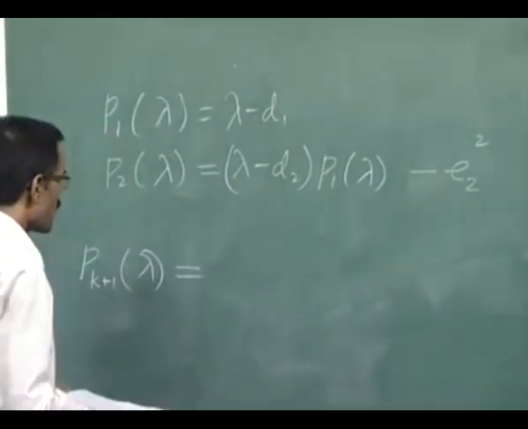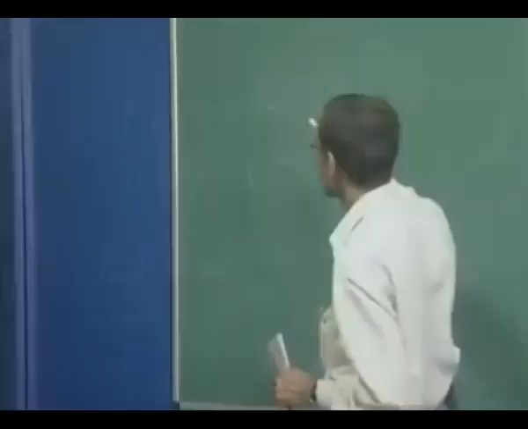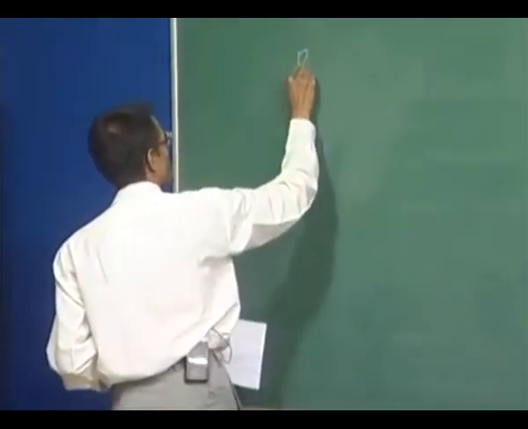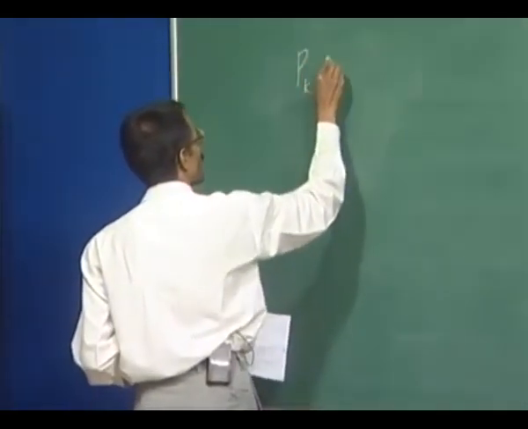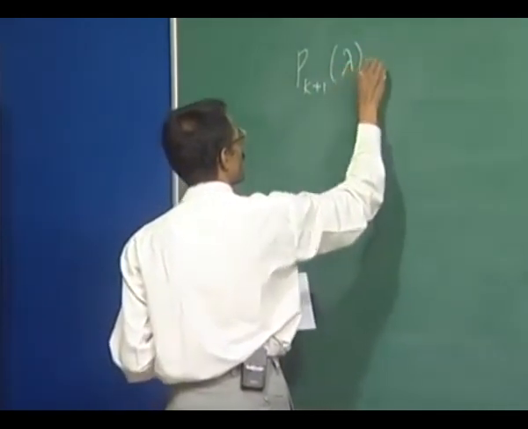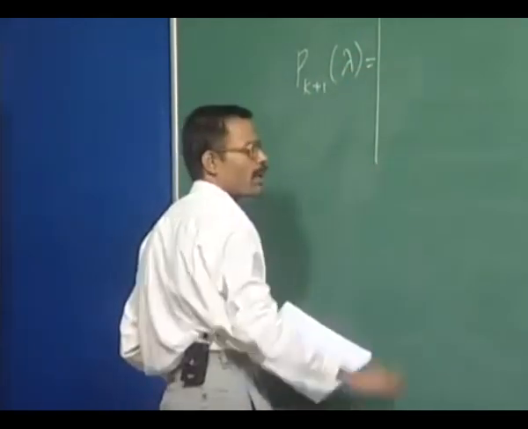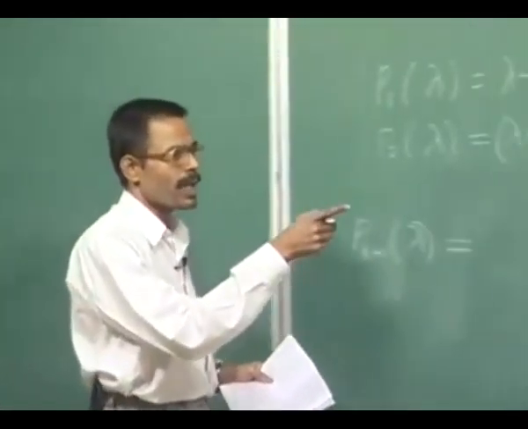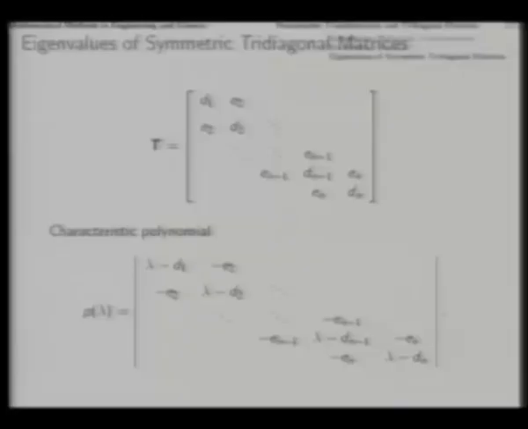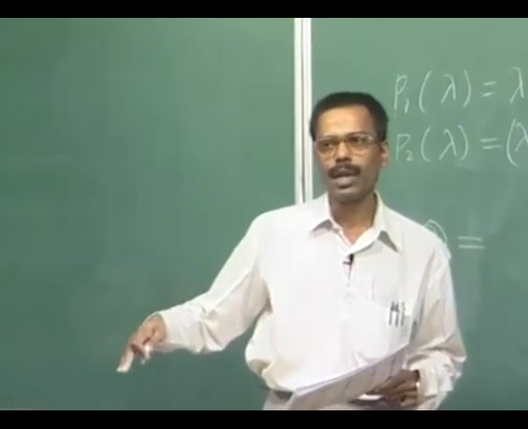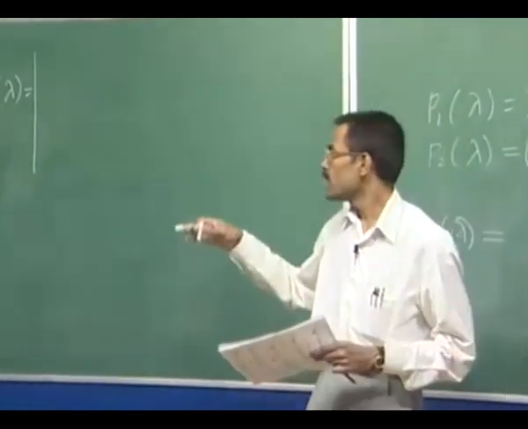So, as we try to do that, let us write down here the same matrix that is appearing there, but not up to all the way to lambda minus Dn, but up to lambda minus Dk plus 1.